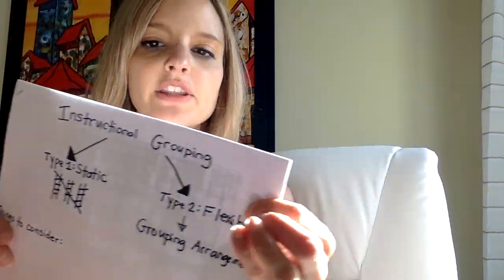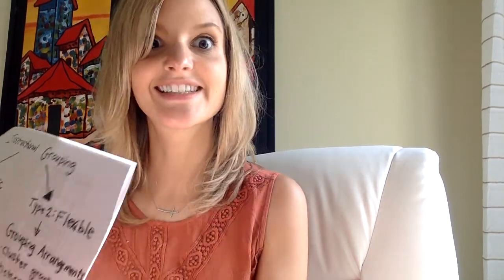I won't go through all of these, but for example, one that we'll definitely focus on in your content this week is a cluster group. You'll also see heterogeneous or homogeneous. Of course, those are not the same, but you'll see both of those terms. And there are several others.